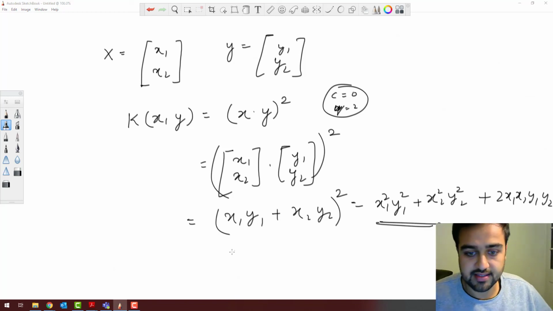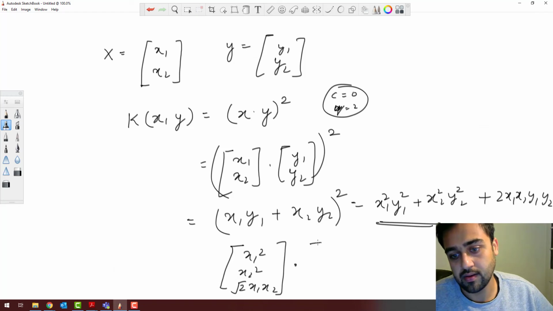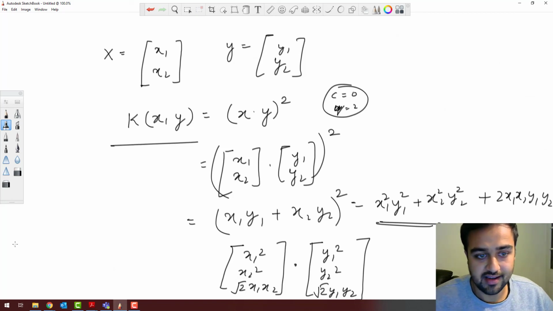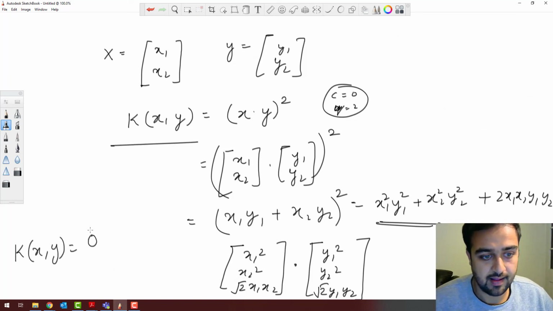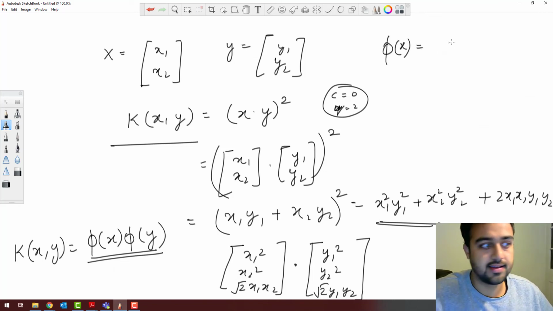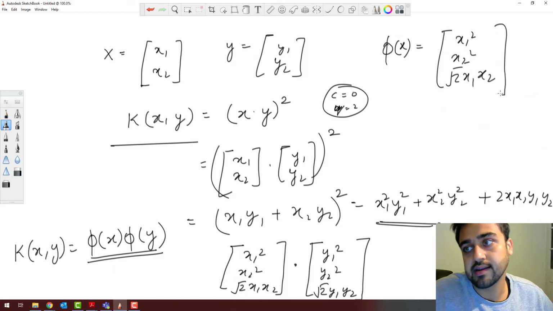This expression is similar to the dot product of (x1 squared, x2 squared, root 2 x1 x2) with (y1 squared, y2 squared, root 2 y1 y2), right? Therefore, this kernel can be represented as phi of x dot product with phi of y, right? Where phi of x is equal to x1 squared, x2 squared, root 2 x1 x2.